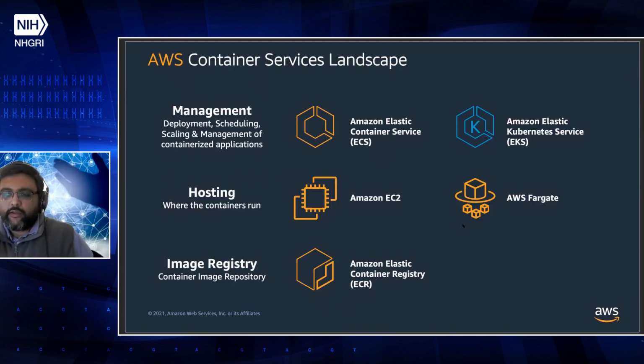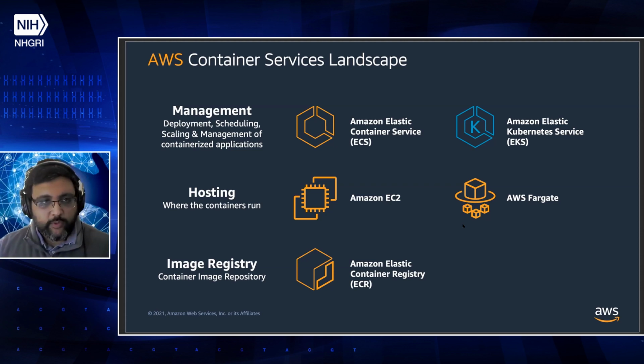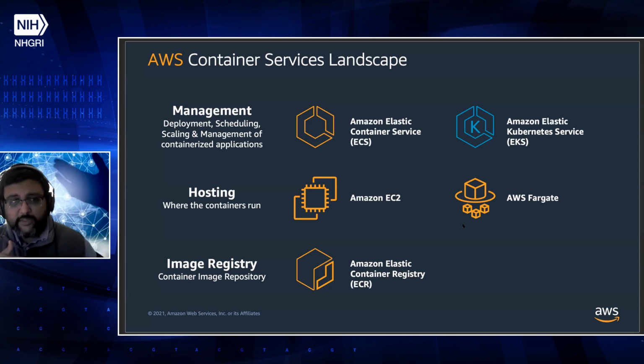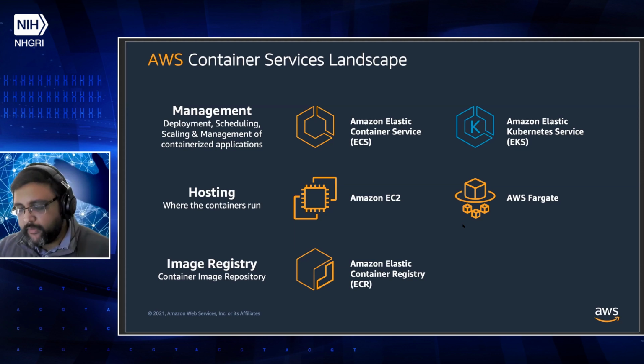This is where AWS can help you achieve reproducibility by containerizing your workflows. Containerizing workflows means you set the parameters you want, you set the versions you want, you can create a virtual image out of it, and then you share that virtual image with the rest of the community. Whether it's the Elastic Container Service or the Elastic Kubernetes Service, that's what allows you to manage, deploy, and schedule containerized applications on AWS.